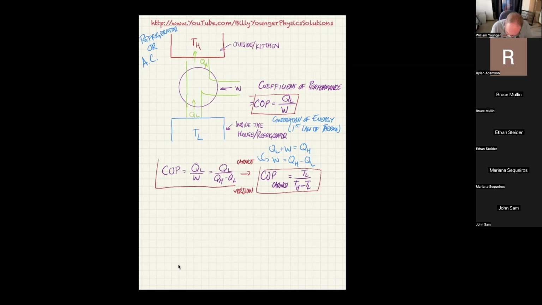So that's sort of the equivalent of the Carnot. In other words, that's the most efficient you could possibly get for a coefficient of performance. And if you find that your coefficient of performance is higher than what the Carnot would be, then you know it's BS or bologna sandwich. Okay.